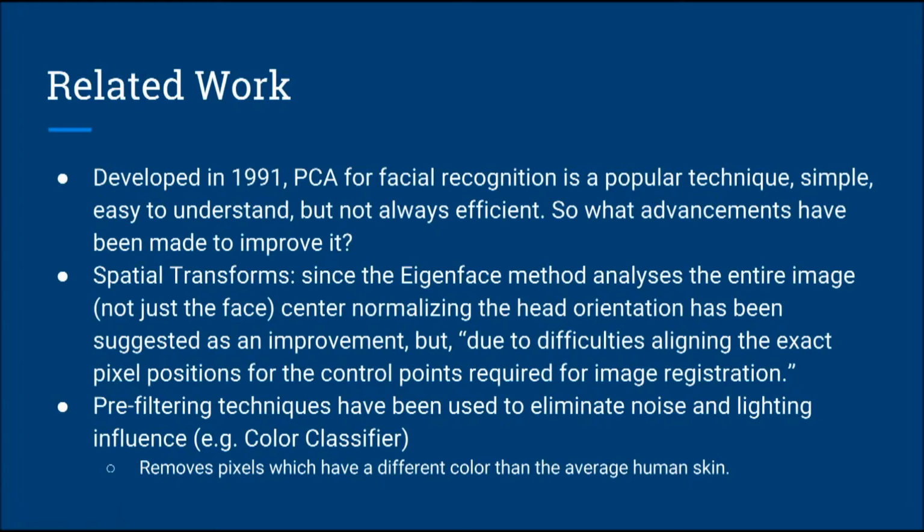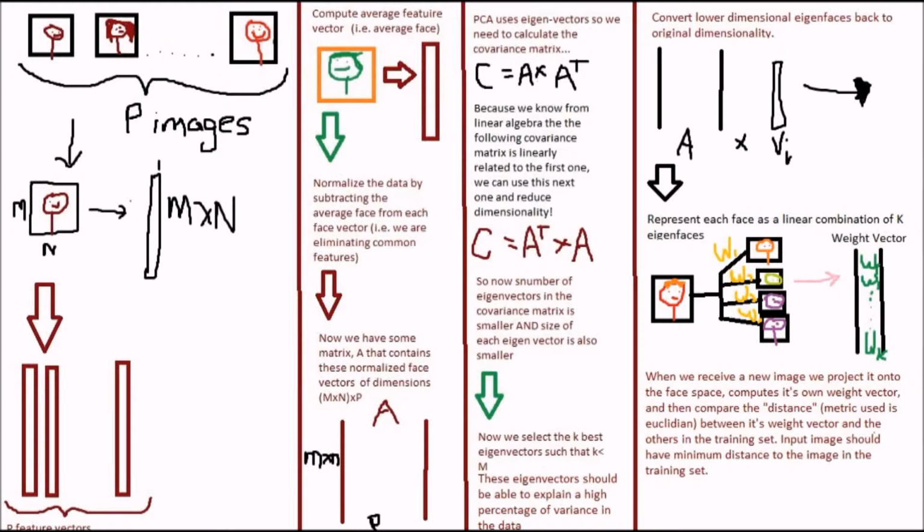One of the reasons why is that one of these steps is that you have to compute the average face vector, right? So you take all these vectors in the training data set, which represent an image, and you compute the average face. But that can bring a lot of problems if you have different lighting, different poses, and you'll see that in a second. So people have tried to improve on that.